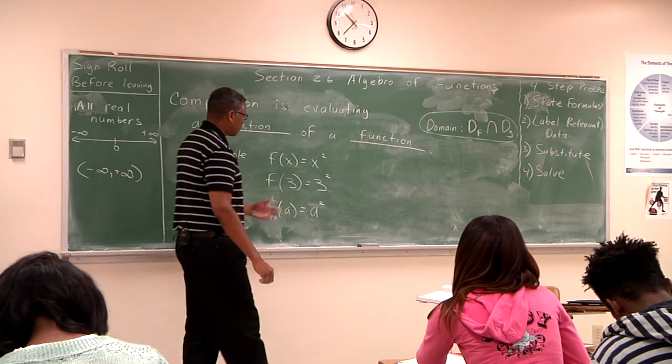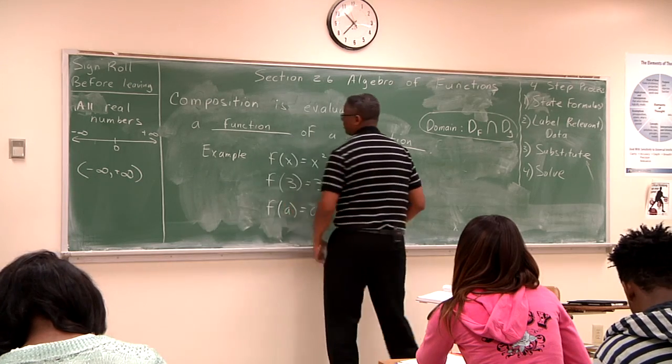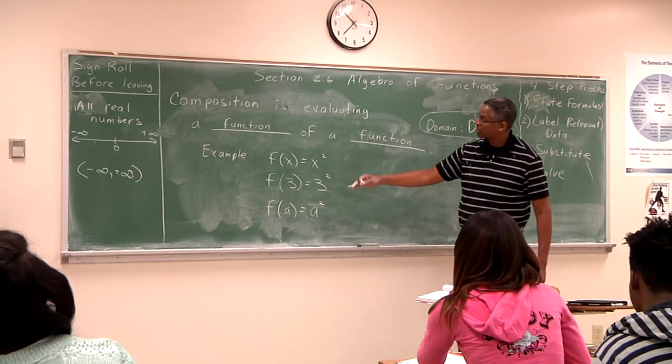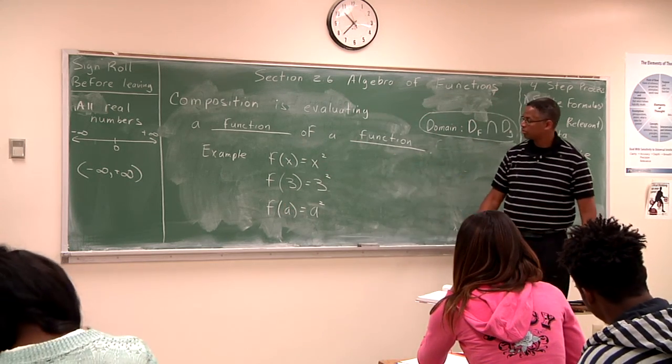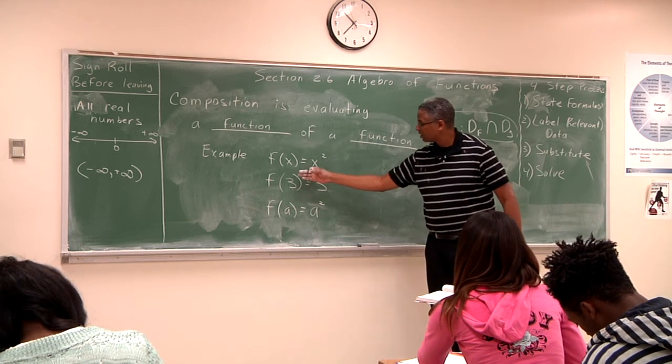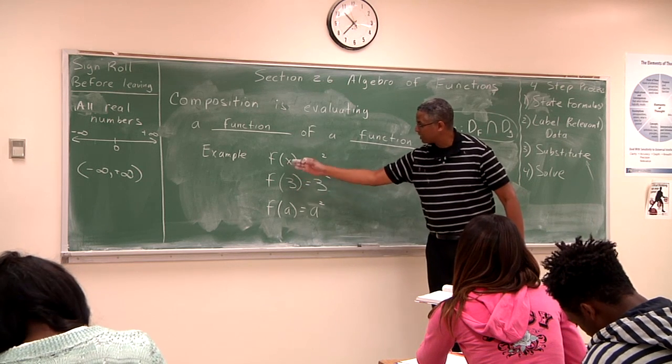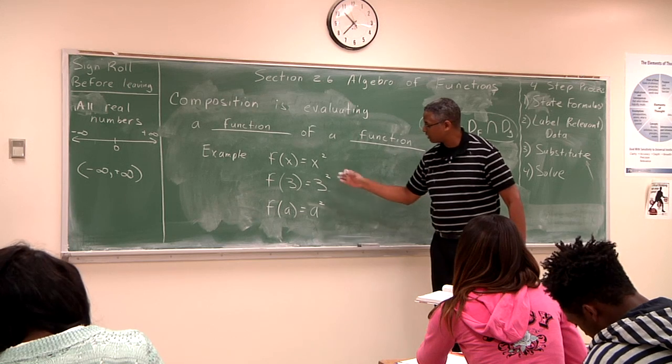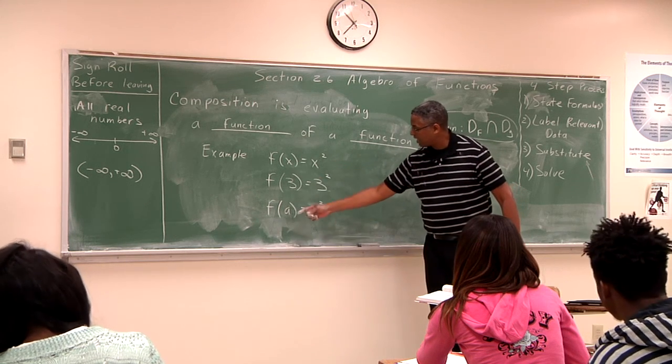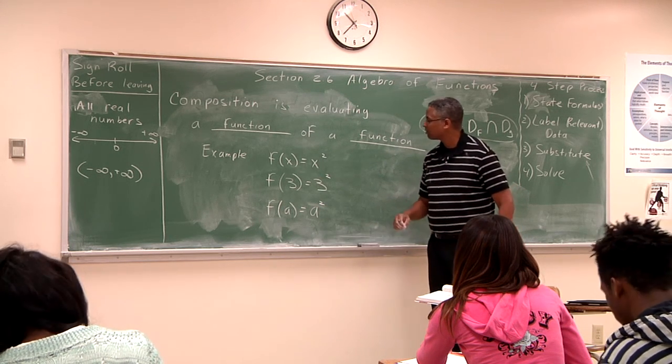But what composition is dealing with is evaluating a function of a function. So here we're evaluating f of x at 3, getting 3 squared, or 9. We're evaluating f of x at a, getting a squared.